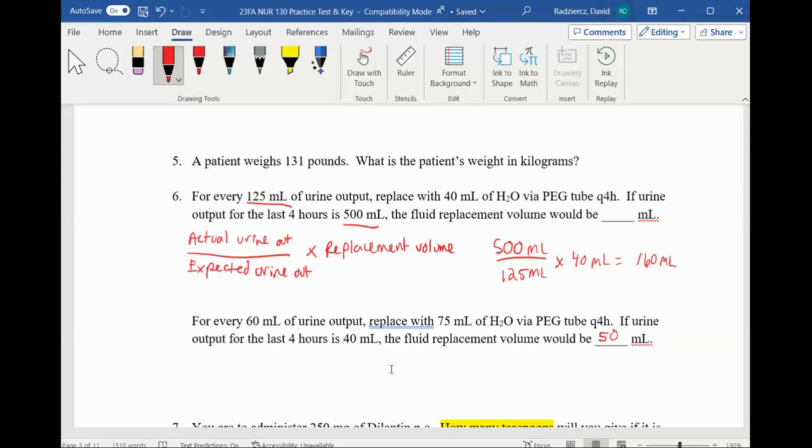So we're most likely talking about a patient that's unconscious, with a catheter and a PEG tube in, and you are just making sure they're staying properly hydrated. That's what this all comes down to. So when you see that, don't get hung up on the 4 hours. That's probably just an indication of when they're checking the urine output, as well as when they're checking the fluid replacement needs.